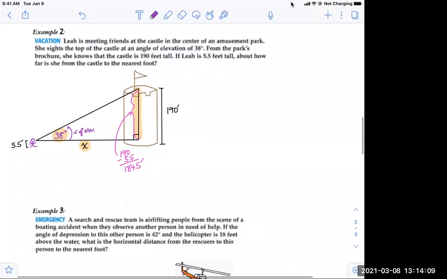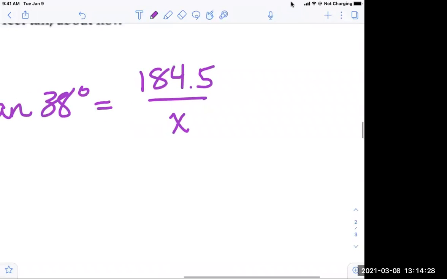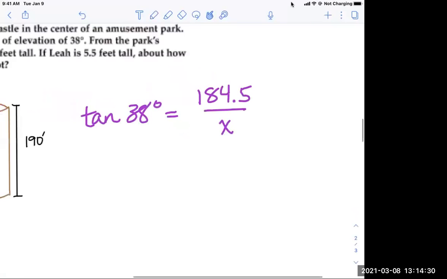Okay, tell me the equation. Tangent of 38 equals 184.5 over X. All right, and then we're going to go ahead and solve that.